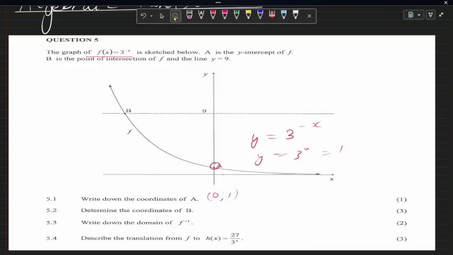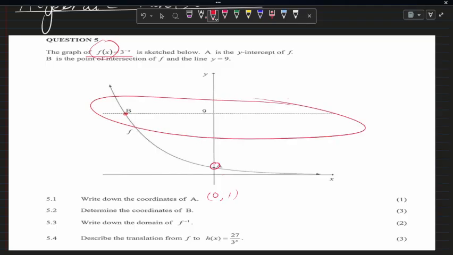And then the coordinates of B, determine the coordinates of B. Now, how are we going to determine the coordinates of B? Okay, so at point B, there is a point of intersection, or a meeting point between two lines.